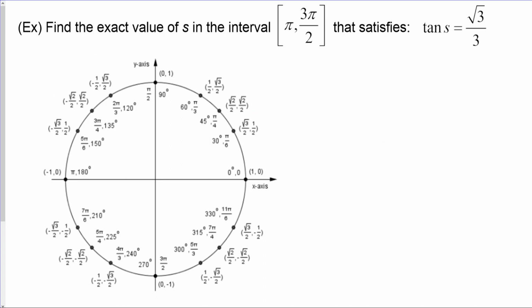Here's another type of example which goes in the opposite direction. It asks us to find the exact value of s in the interval pi to 3 pi over 2 inclusive that satisfies tangent of s equals the square root of 3 over 3.